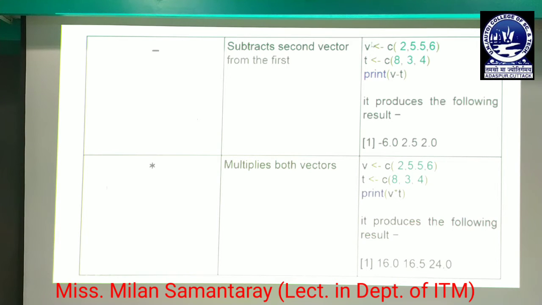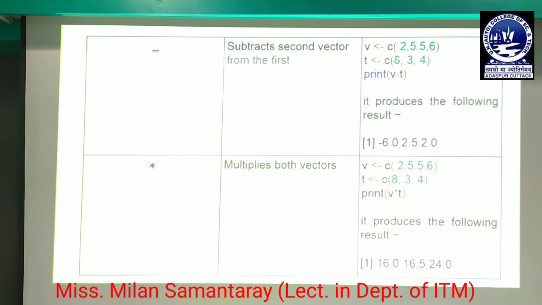You have to write it in the proper sequence. If you write t minus v, then the elements of v will be subtracted from the elements of t. We have written v minus t, that means whatever elements are inside v, from these we will subtract the elements of the values in t.